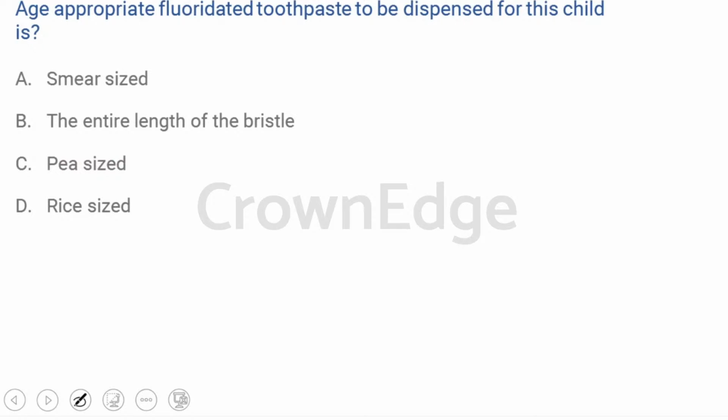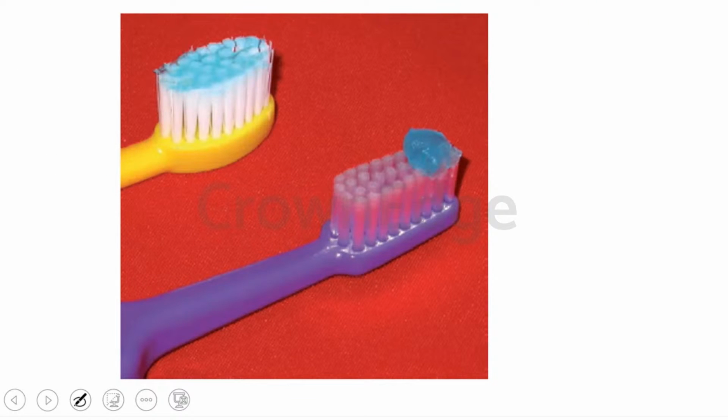So this child is 2 years of age, right? And in such a case, you will be going for your smear sized. And here is a picture of your smear size or your rice grain sized.